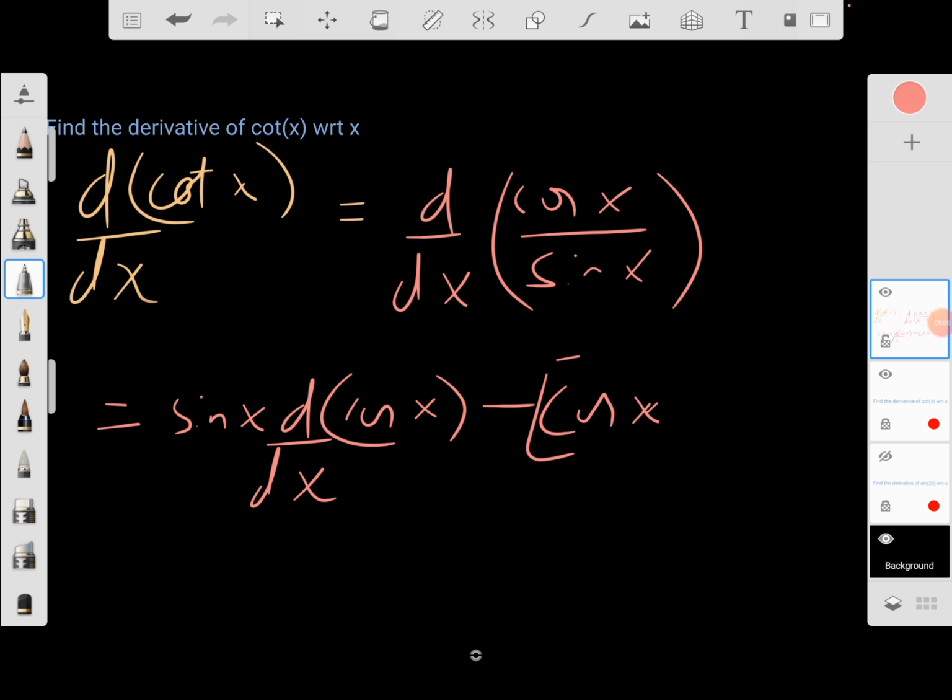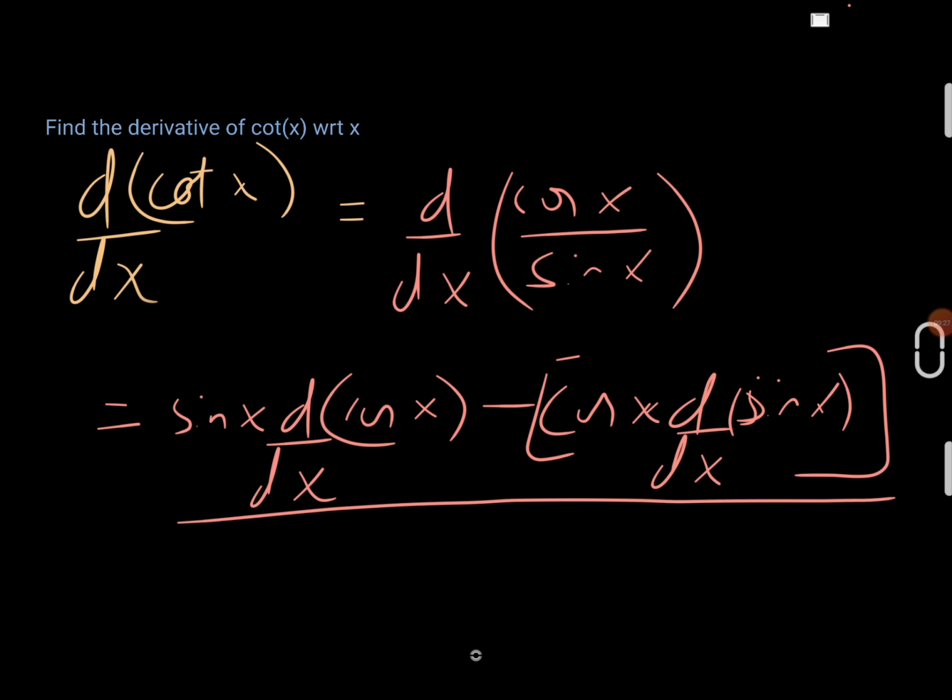It's always good to keep it in brackets so that you won't make a mistake. So d by dx of the second function, that is sin x, close the bracket, whole divided by the second function whole square, sin x whole square, or you could write it as sine square x, both are the same thing.